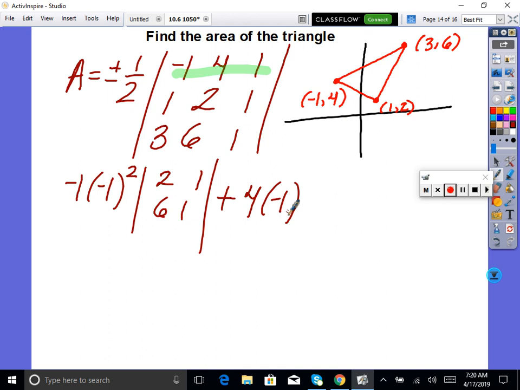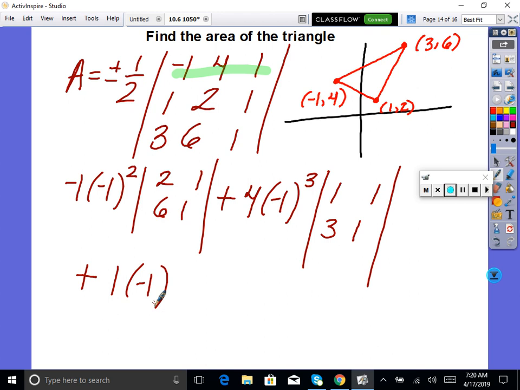Times by negative 1 to the 3. Then our determinant, if you're crossing that out, you'll have a 1, a 1, a 3, a 1. Then plus, then eliminating this, we'll have a 1 times by negative 1 to the 4. Then our determinant, if you're crossing this out, would be 1, 2, 3, 6.